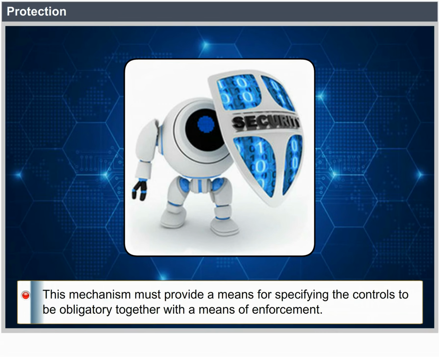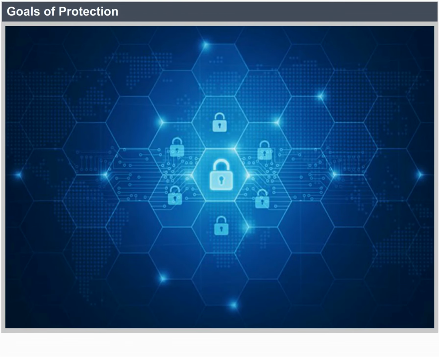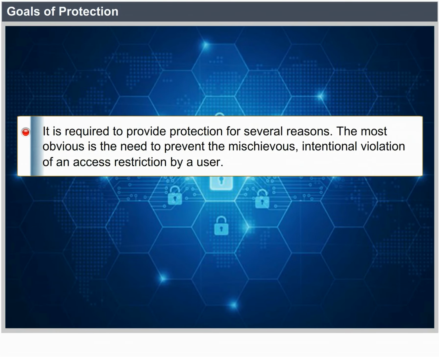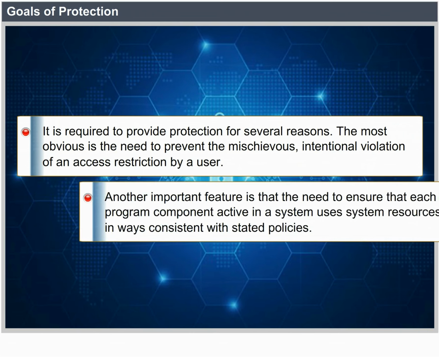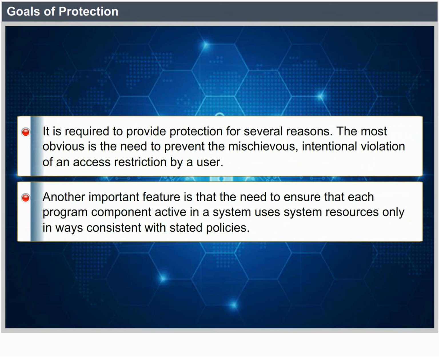Goals of protection. We need to provide protection for several reasons. The most obvious is the need to prevent the mischievous, intentional violation of an access restriction by a user. Of more general importance, however, is the need to ensure that each program component active in a system uses system resources only in ways consistent with stated policies.